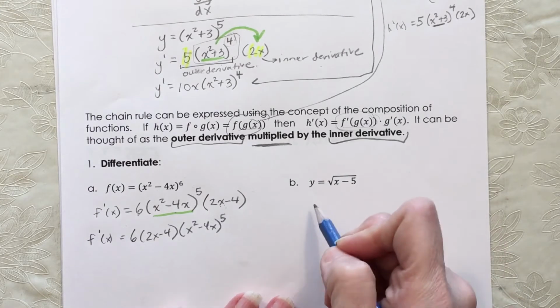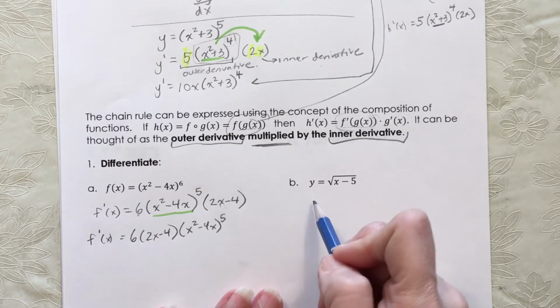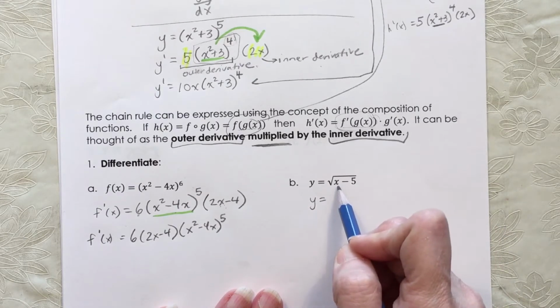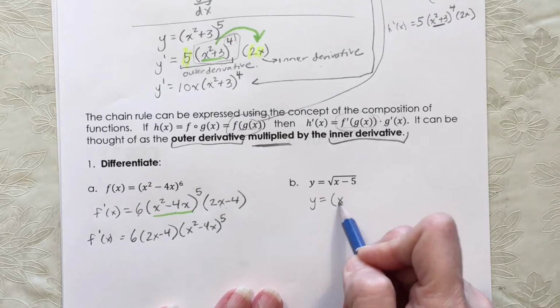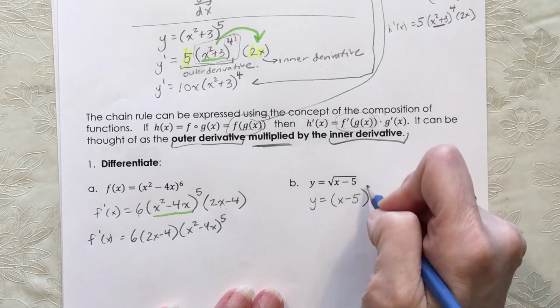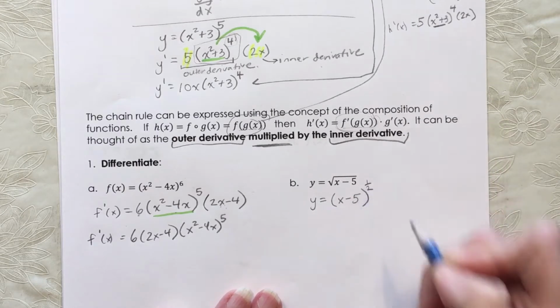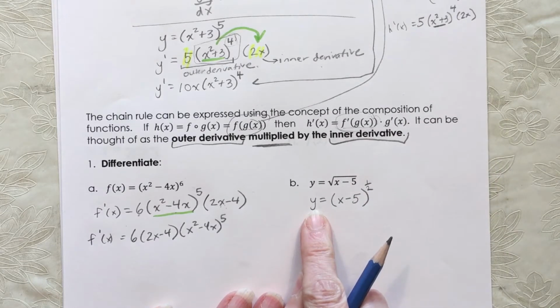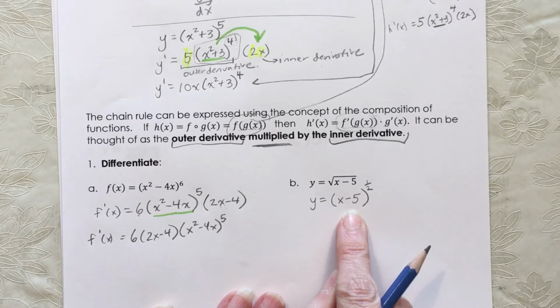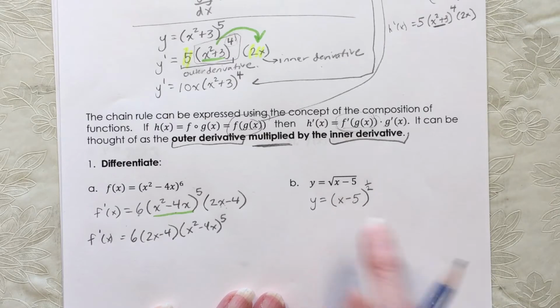All right, in B here, it's not written as the power of a function yet. So we want to rewrite the square root of x minus 5 as x minus 5 to some power. And we know that the power for square root is the power of 1/2. So again, this is just y, we haven't derived yet. We just rewrote square root of x minus 5 as a power function, as x minus 5 all to the 1/2.